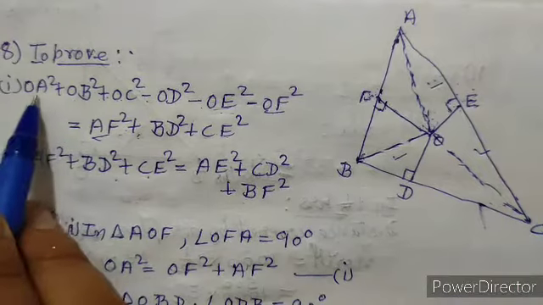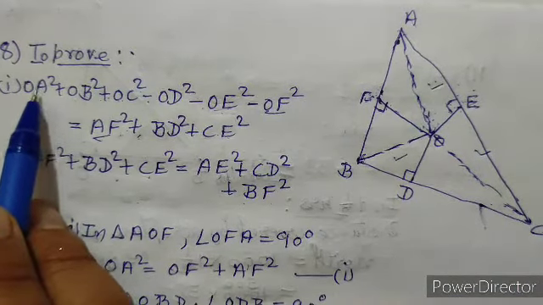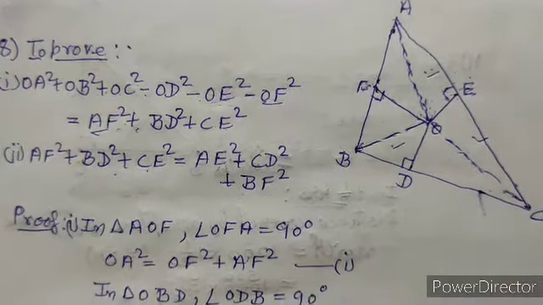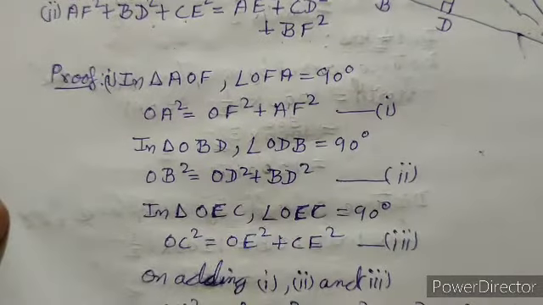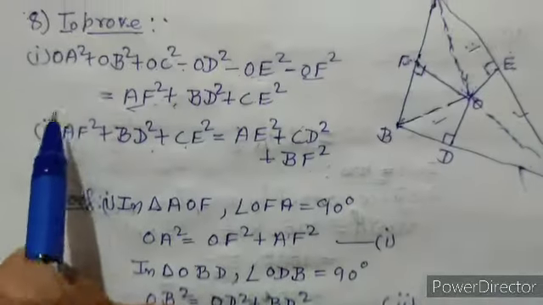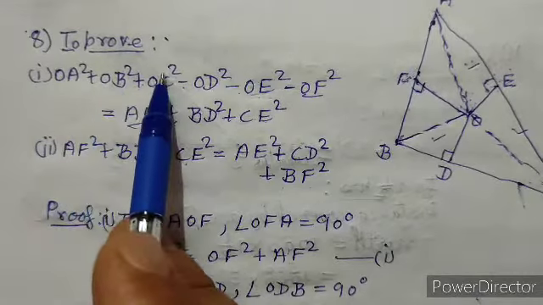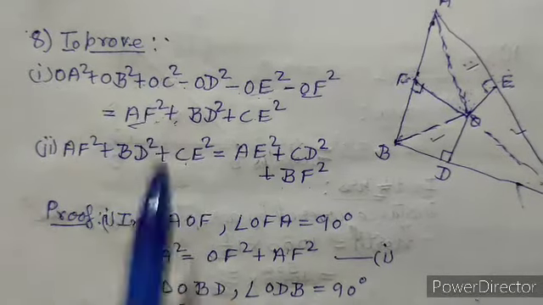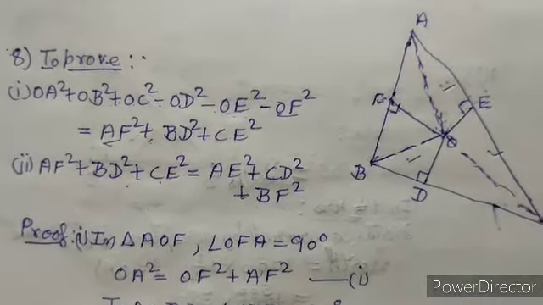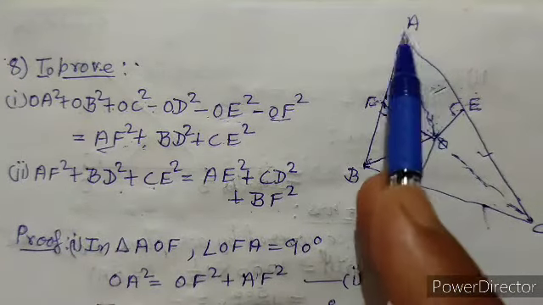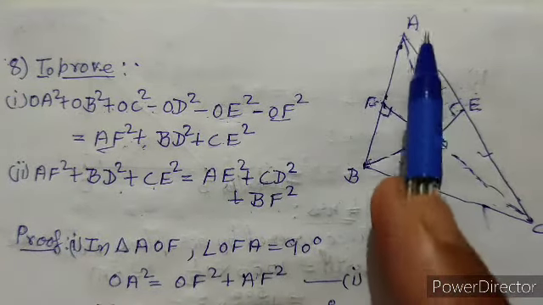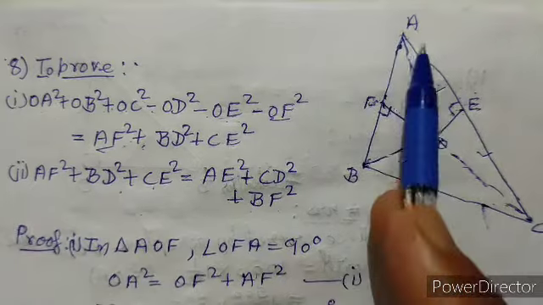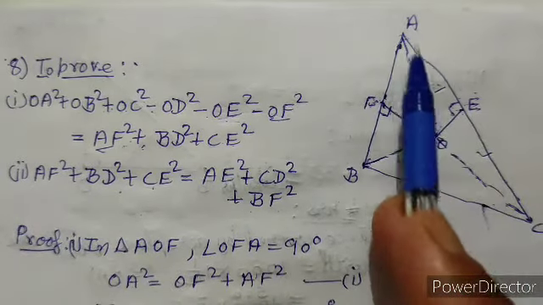Now here, as we have to prove this, first of all we will find the value of OA square, then OB square, then OC square. Now the value of OA square can be obtained from two triangles. One is AOE and another one is AOF.